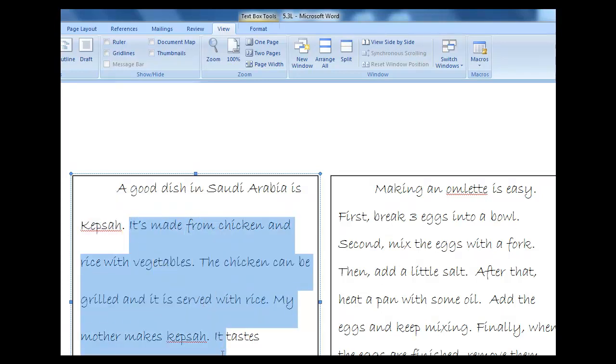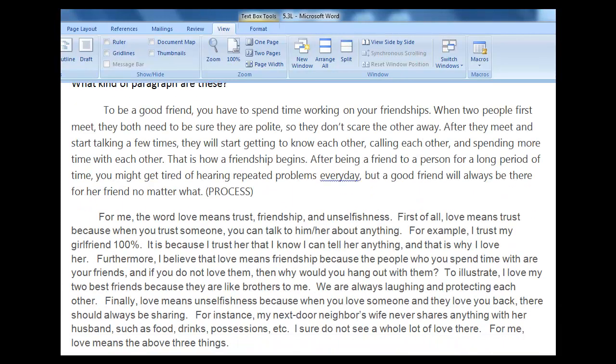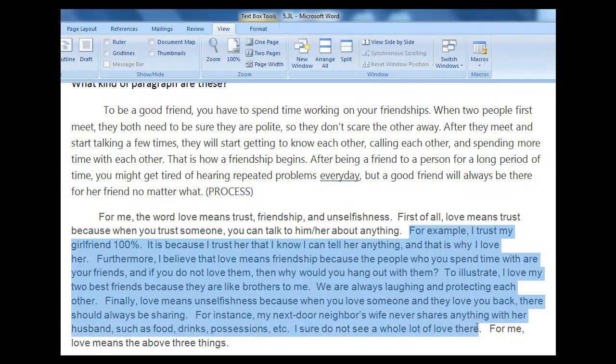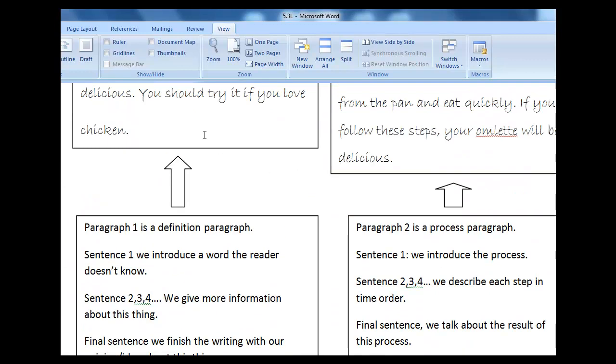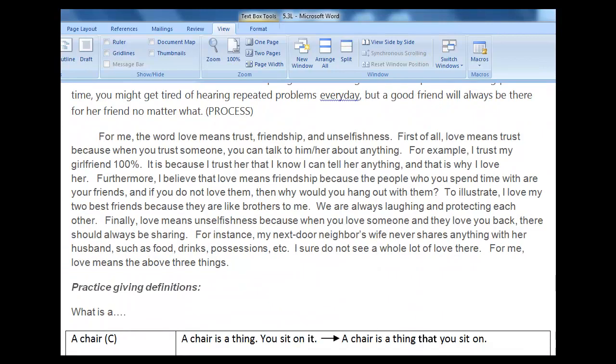Then we give information about kebsa. Here we give information about love. And then at the end we talk about our idea about chicken, or our idea about kebsa. And here they talk about their idea. Yes, for me, love means this.